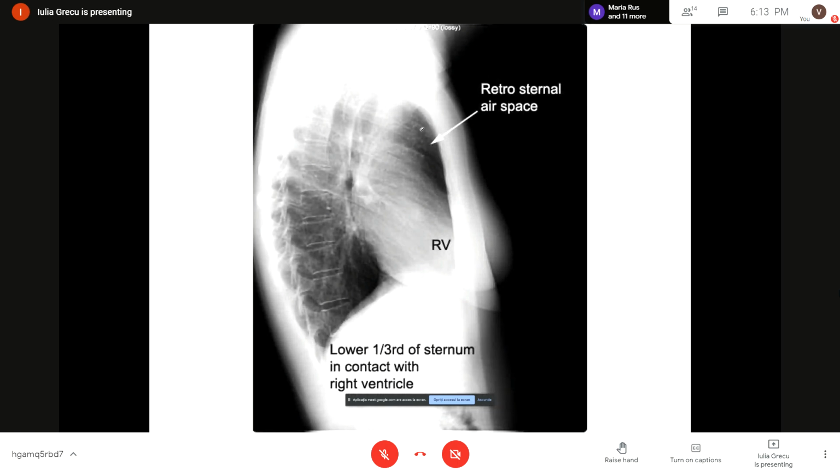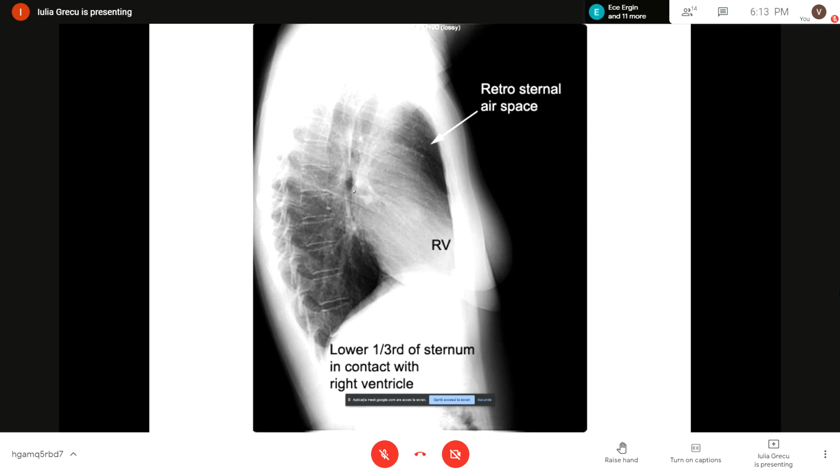This is the clear retrosternal airspace. There are parts of the lungs that come together in front of the heart. Posterior to the sternum, here in the inferior part, lies the heart, and the most anterior cavity of the heart that comes here posterior to the sternum is the right ventricle.